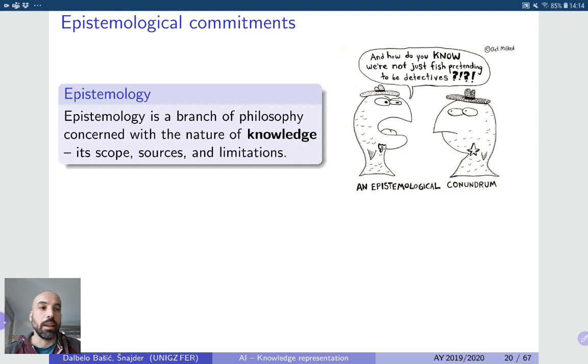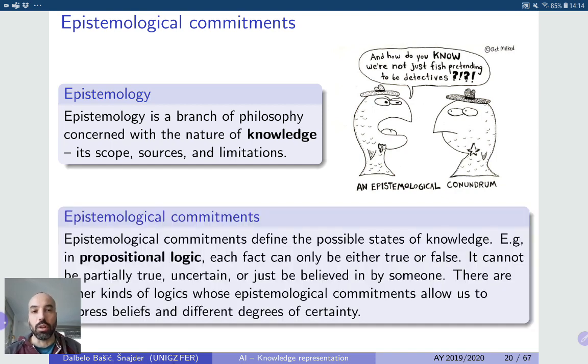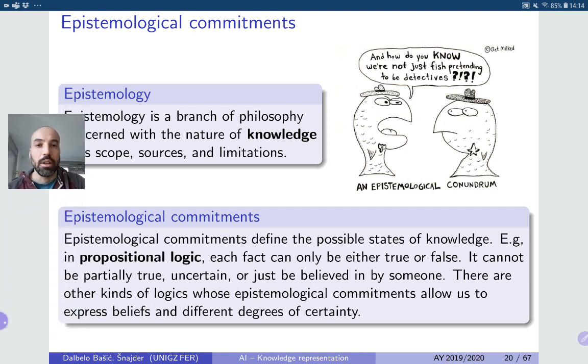And then in AI, when we talk about so-called epistemological commitments, these define the possible states of knowledge, right? So ontological commitments are basically telling us what we think exists in the world, whereas the epistemological commitments are telling us what we think we can know about what exists in the world, right?